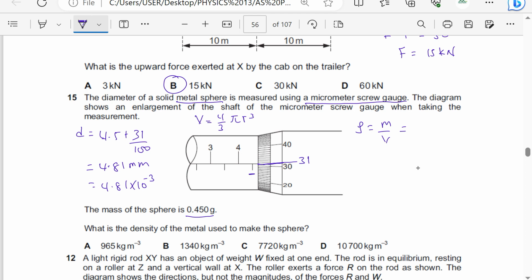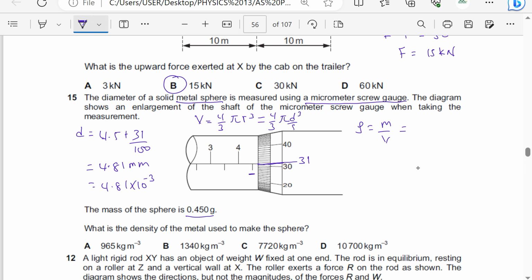I don't want to find the radius, so I will just put in the diameter. I know that r is diameter divided by 2. So this becomes 4/3 pi d cubed divided by 2 cubed.